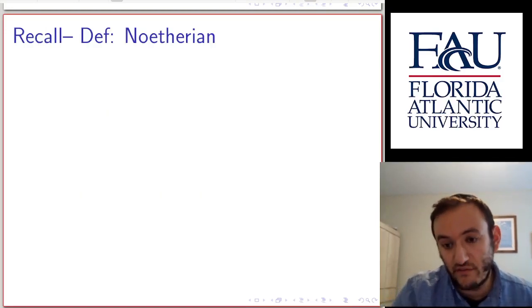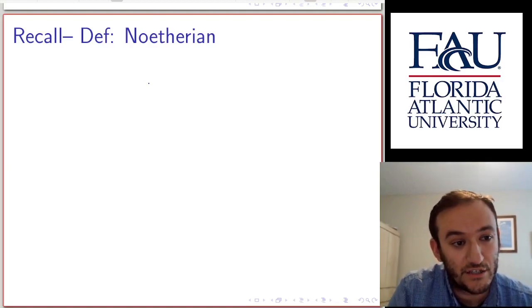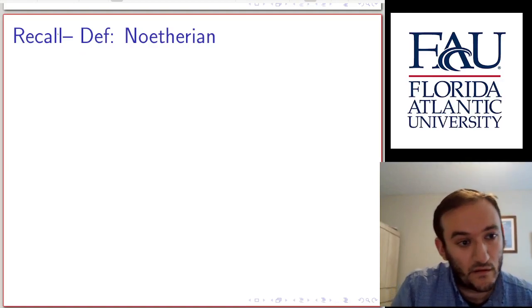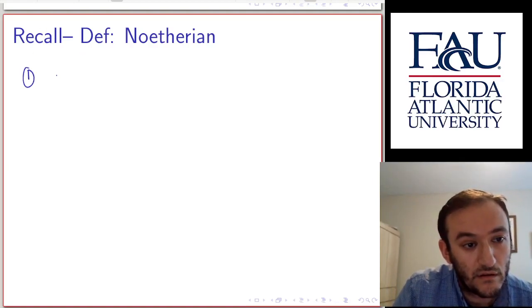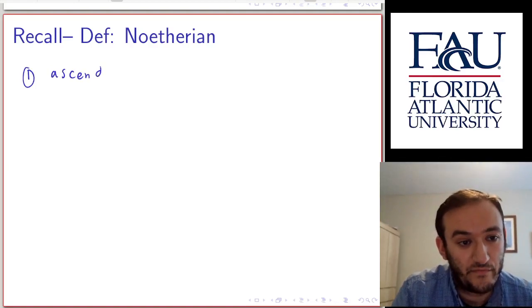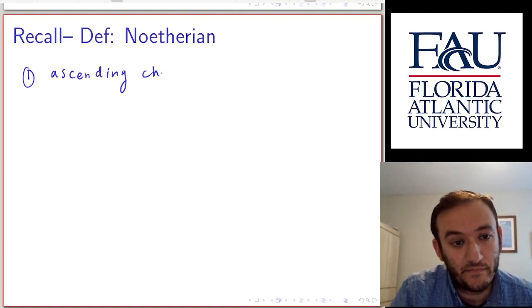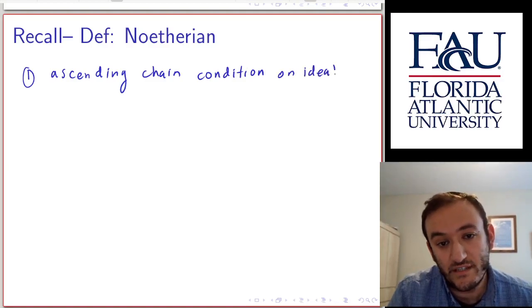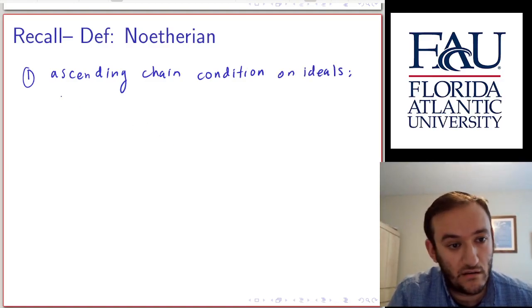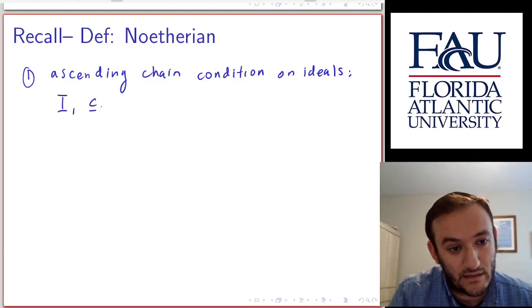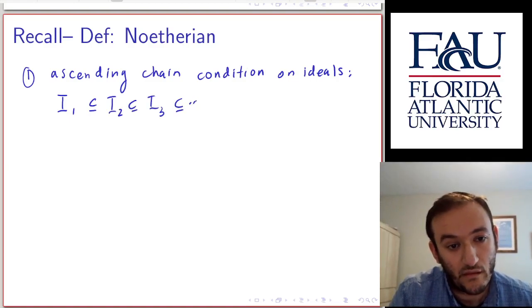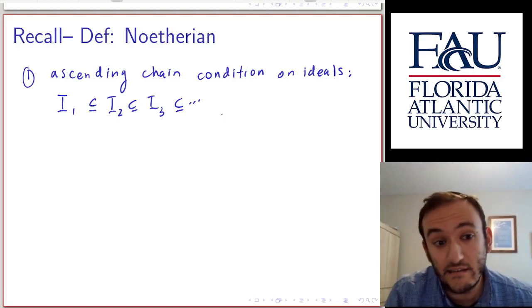First, we'll recall the definition of Noetherian, and we'll state three equivalent conditions for being Noetherian. So first, we have the ascending chain condition on ideals, which states that if you have an ascending chain I1 contained in I2, contained in I3, etc., then this sequence of ideals is stationary.